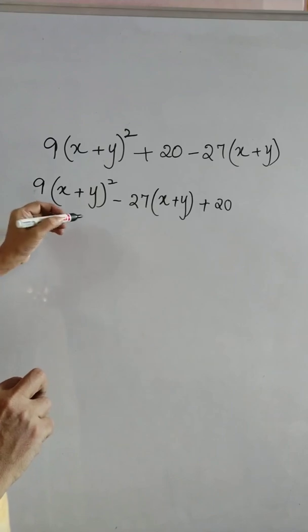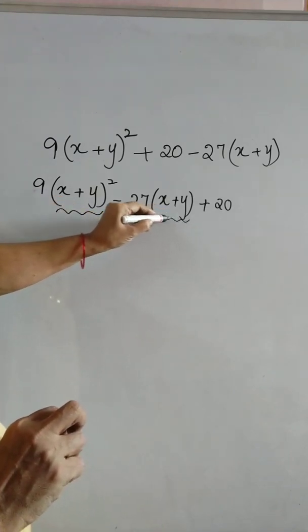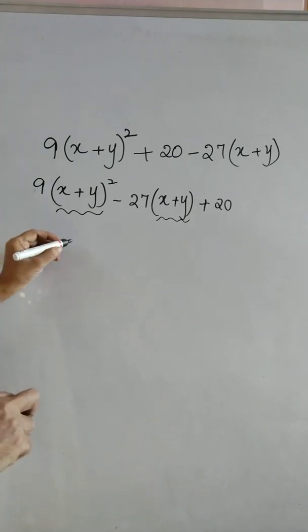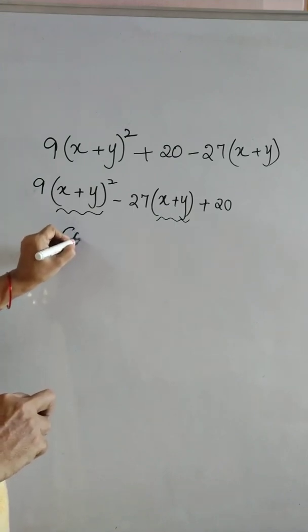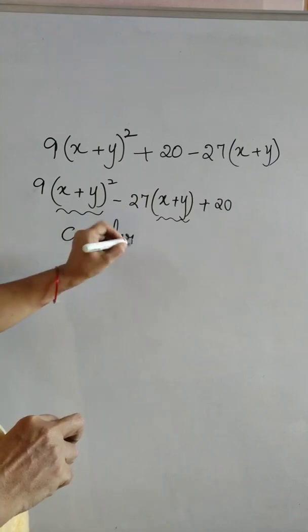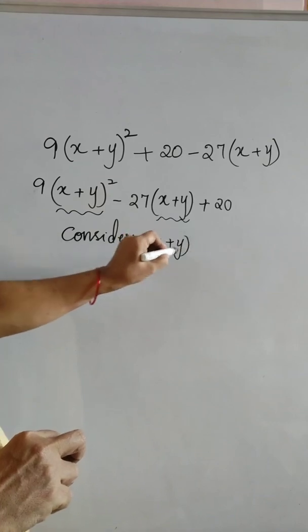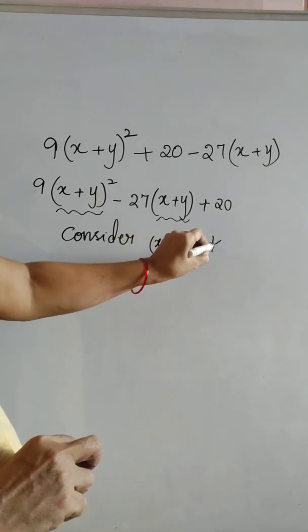Now when we observe, here is x plus y whole square and here also x plus y. So let us consider x plus y is equal to k.